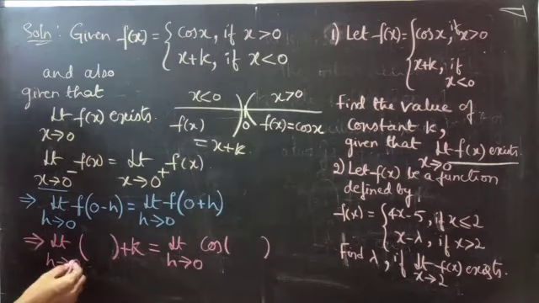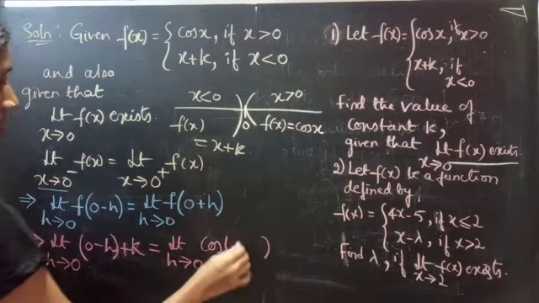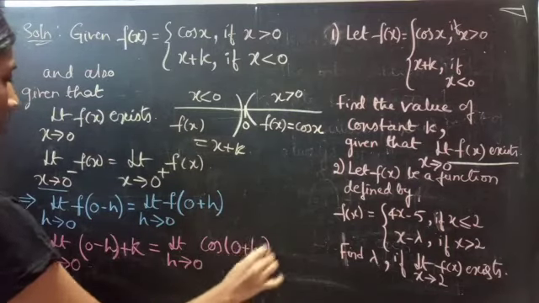Okay. So in the place of x, we'll replace 0 minus h here, and in the place of x, we'll replace 0 plus h.